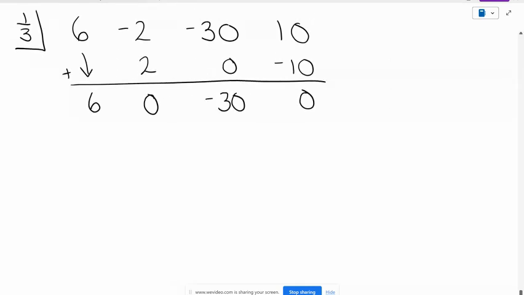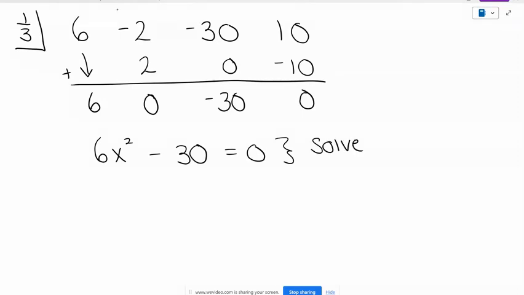So now we have to write it out as a polynomial. So this is going to be 6x squared minus 30 equals 0. We could actually just solve. Well, it's 0x, right? So this was really 6x squared plus 0x minus 30.